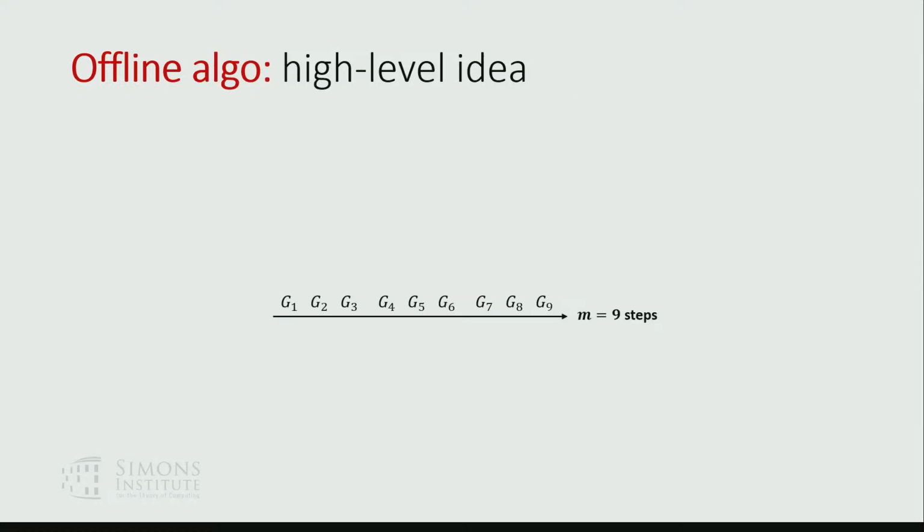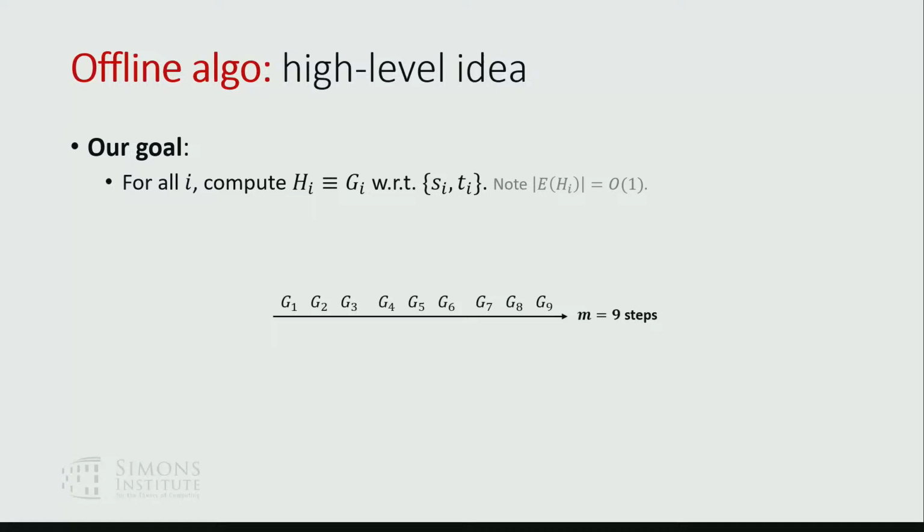Okay, so the high-level idea that we try to proceed with is this. Imagine that this is a timeline. What I will do first to answer the query is compute, for every step i, a specifier h_i that preserves information about the graph at time i, G_i.